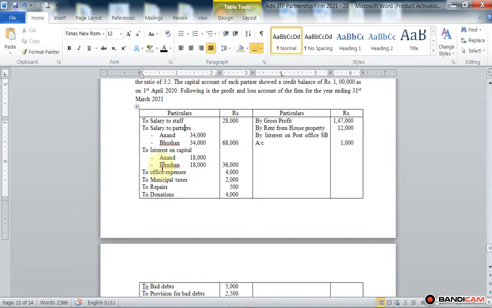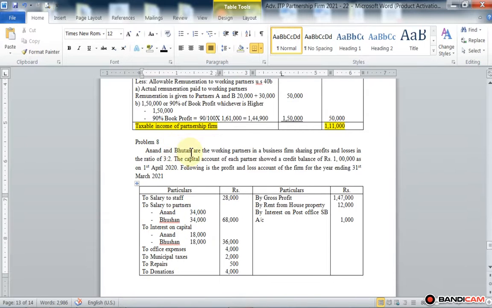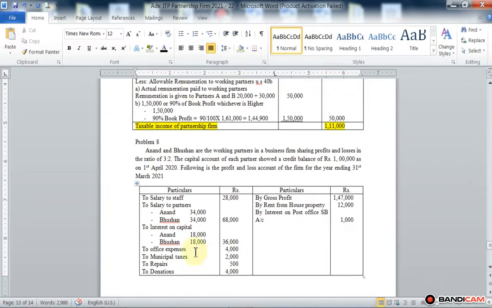Interest on capital, Anand 18,000 rupees, Bhushan 18,000, in the outer column 36,000.